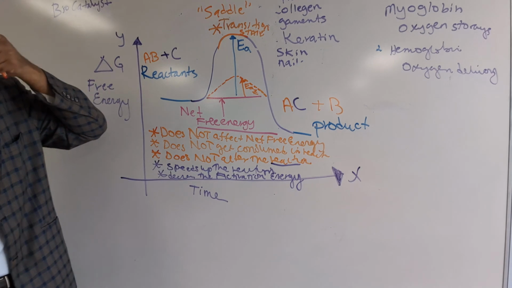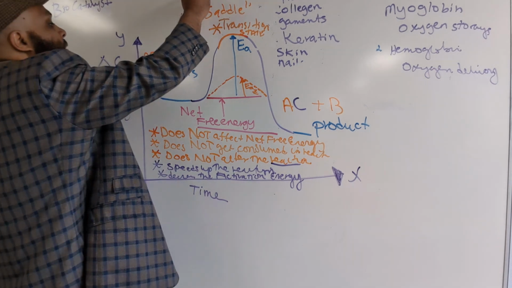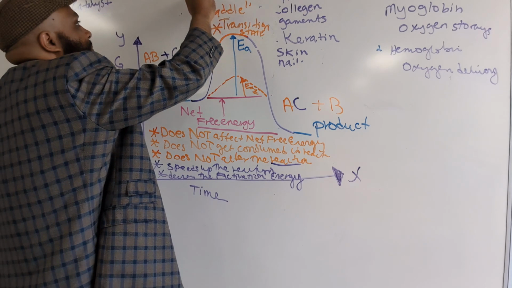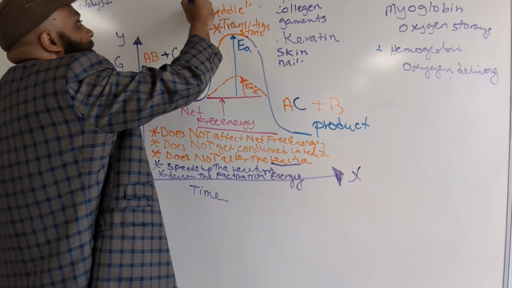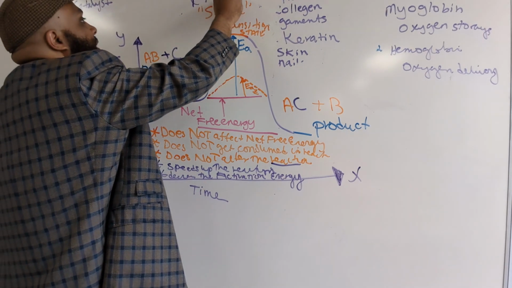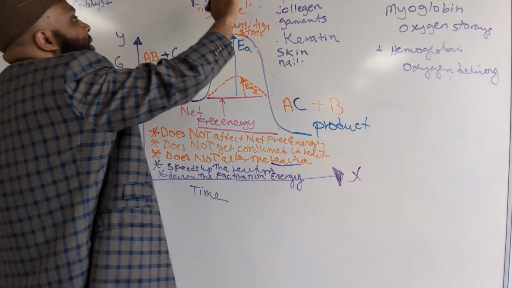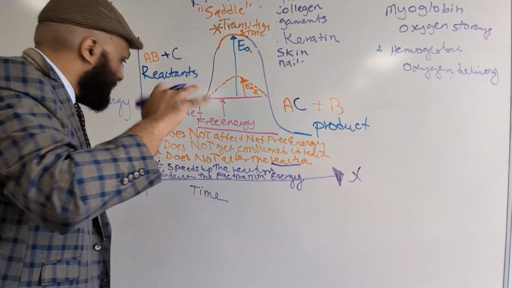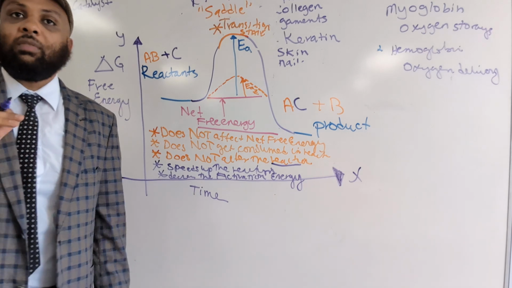This transition state is a complex where you have weak bonds between your reactants and products, meaning you are not a reactant, but you are not yet a product. So you are in transition, somewhere in the middle.